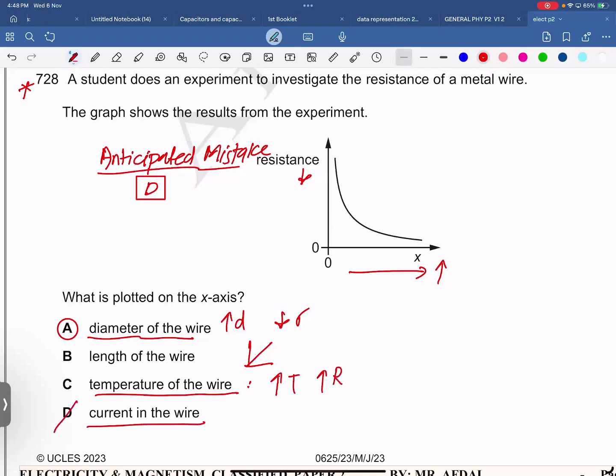Now, why is option D wrong, I will tell you. The reason is current. If there is more current, there will be more temperature. And if there is more temperature, the resistance should increase. For a thermistor, it will decrease. If this is a thermistor, it is correct. So that's why the option is A.